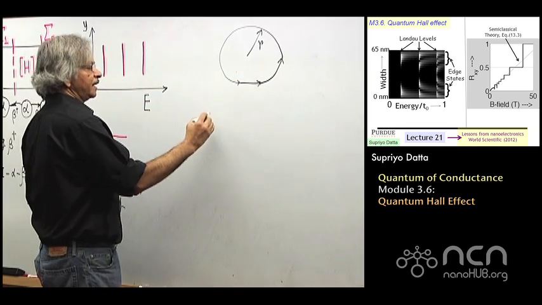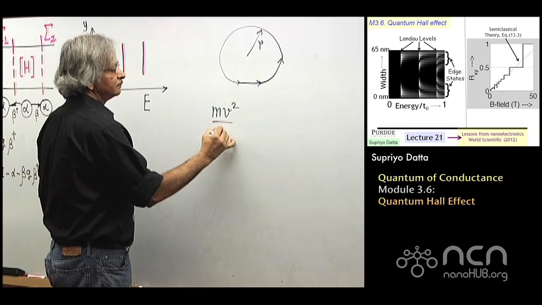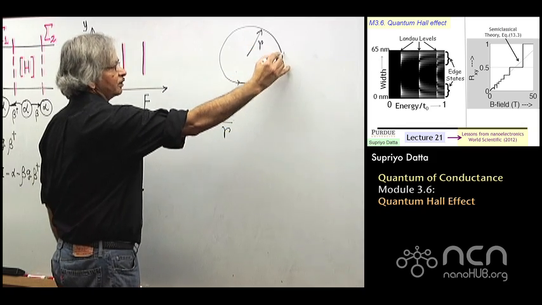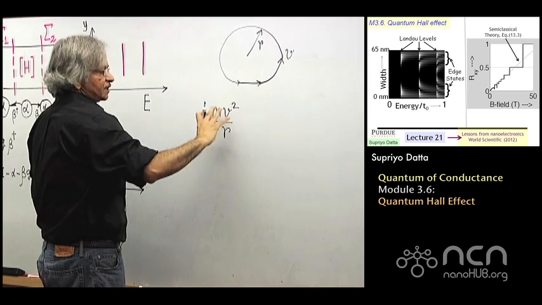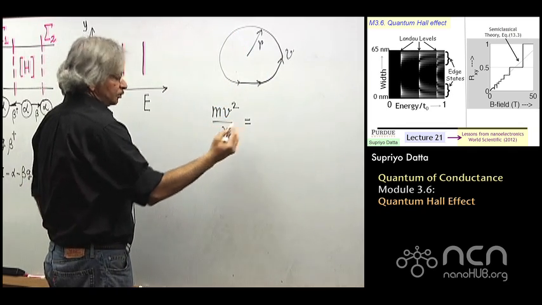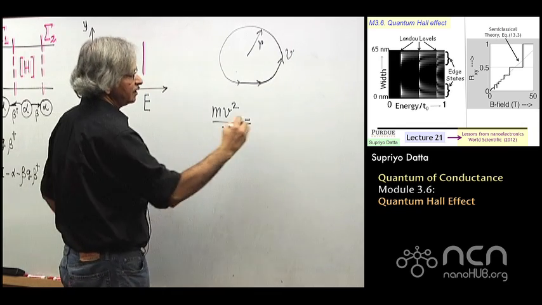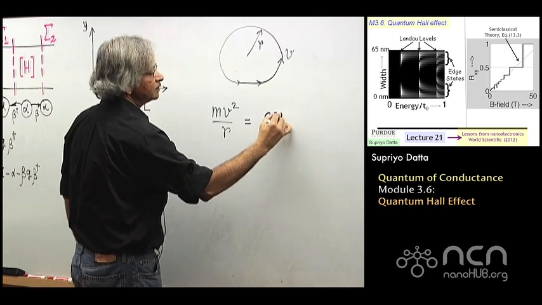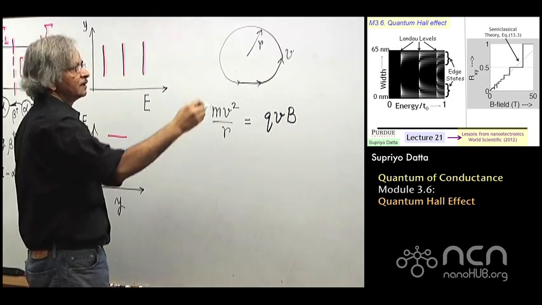Well, you could say that mv squared over r, that is, if it is going round with a velocity v, then the centripetal force should be equal to this Lorentz force, meaning this qvB. So this is the force the electron feels due to the magnetic field.